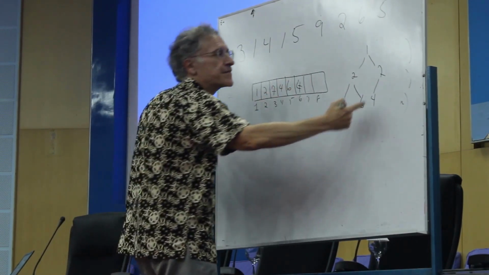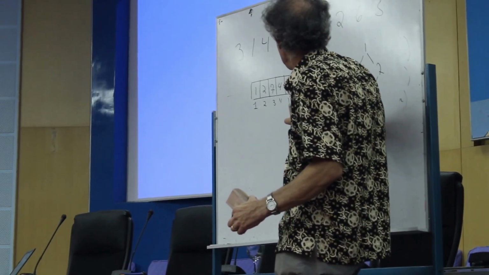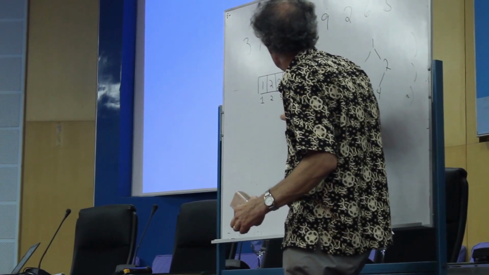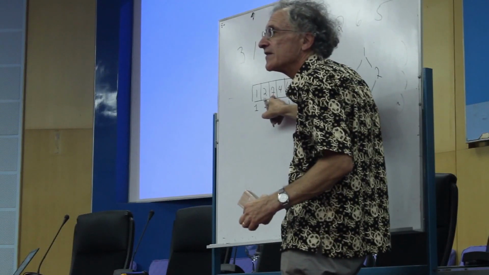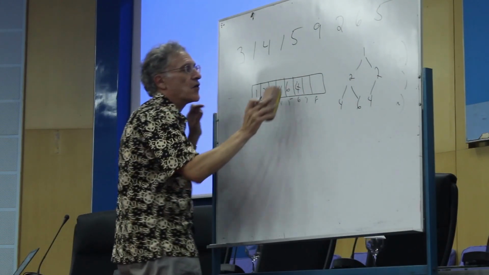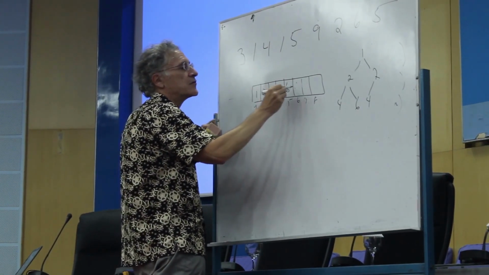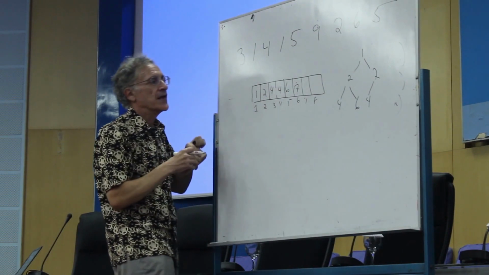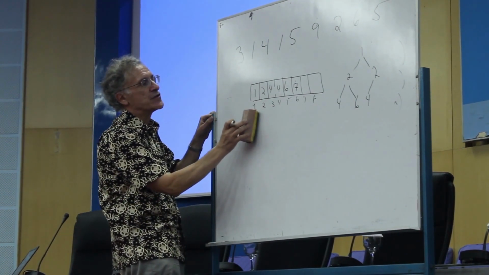When you need to sift up, you need to find the parent. The parent of the element at location n is at n divided by 2. Here it is. That is the parent. So I know how to sift it because I know exactly where the parent is. And the parent of 3 is 3 divided by 2, which is 1.